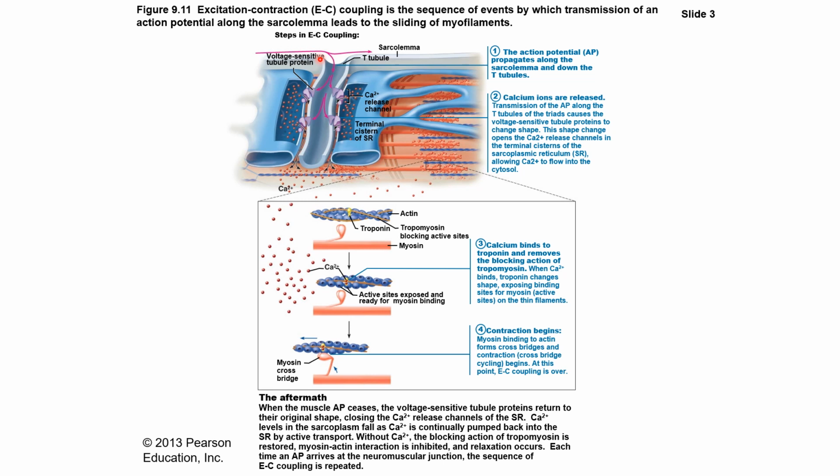So right here, this is showing you the sarcoplasmic reticulum, where we have all of the calcium ions stored. We said that first we're going to get that end plate potential.